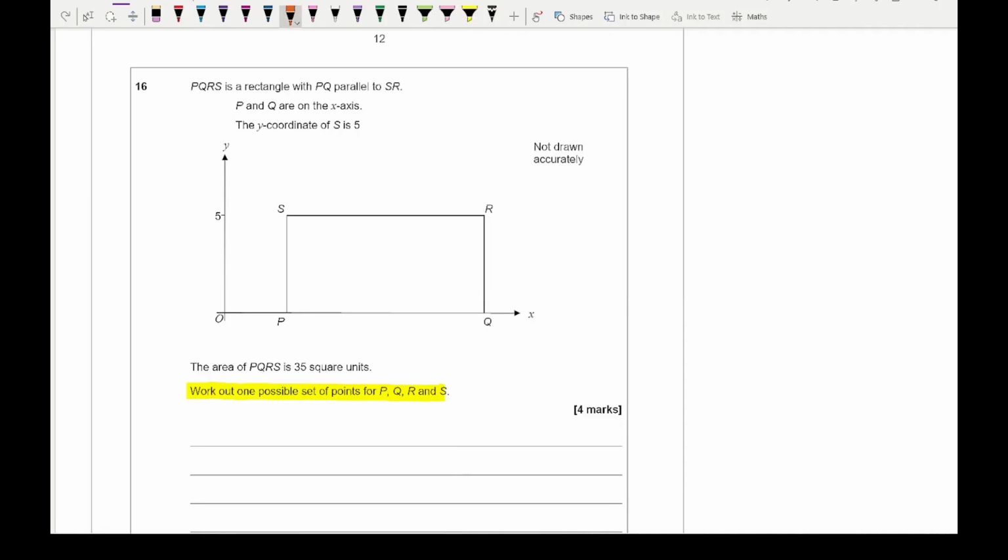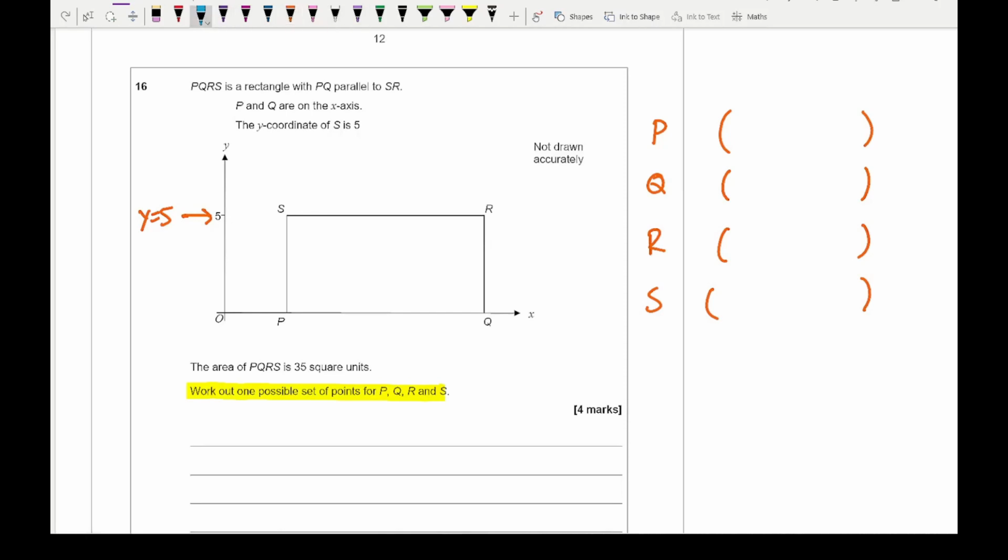So if I just write down P, Q, R and S and structure the coordinates. Now let's have a look at the facts. We know that this line here is y equals 5. So that means that the y-ordinate for S and R must be 5. So I can definitely write that as fact.